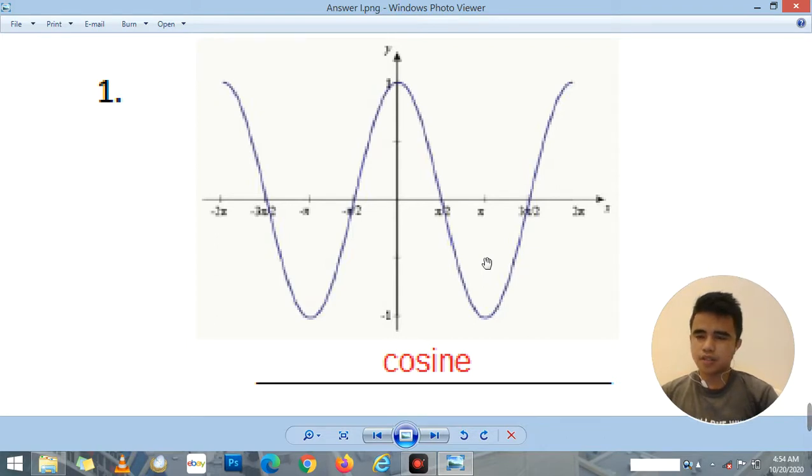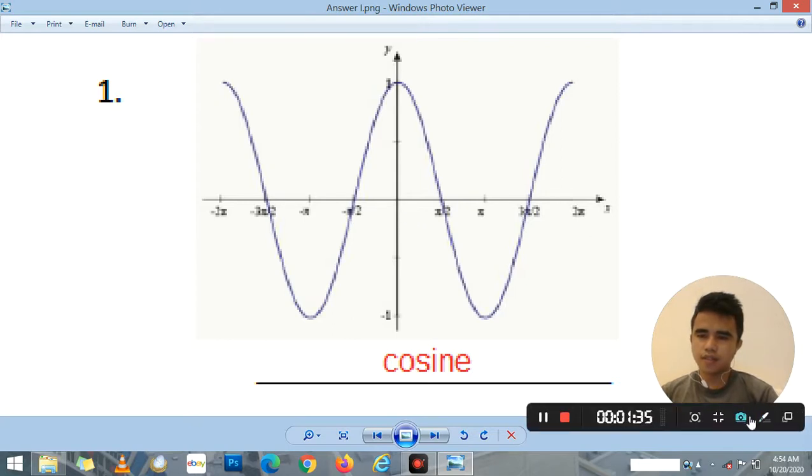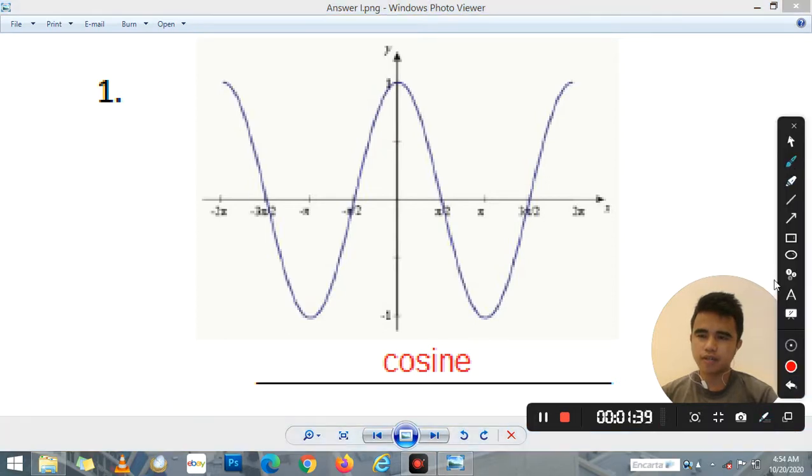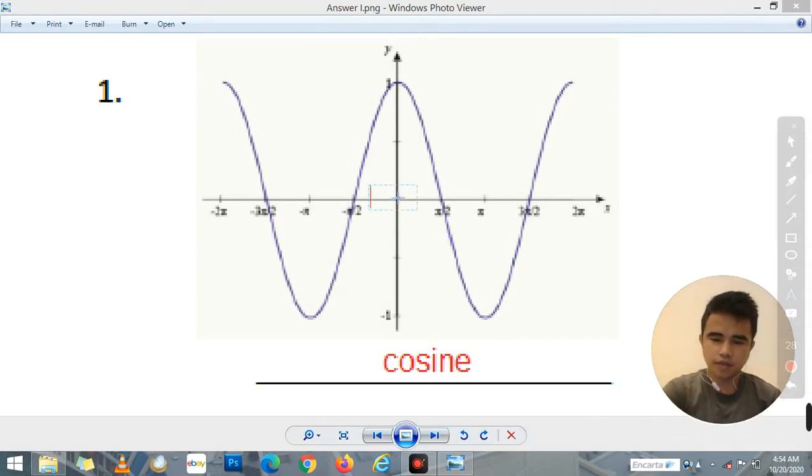The distinction can be determined by considering the origin, at this point of intersection, where we have the coordinate 0, 0.